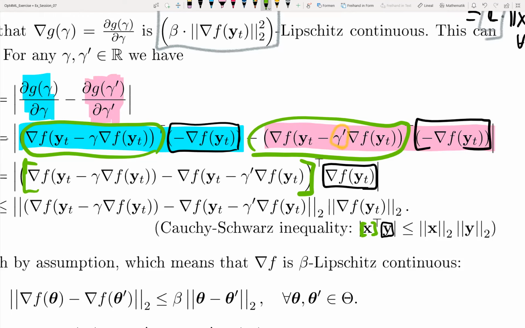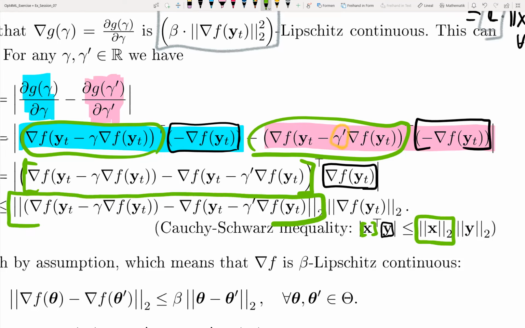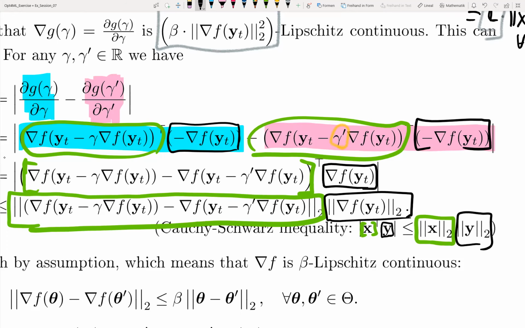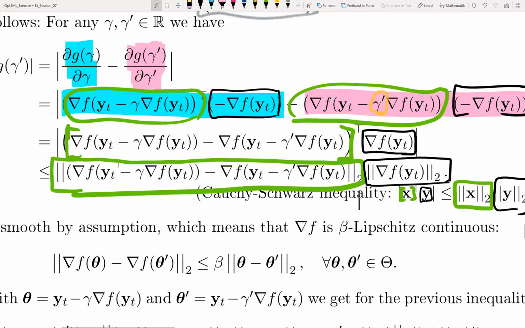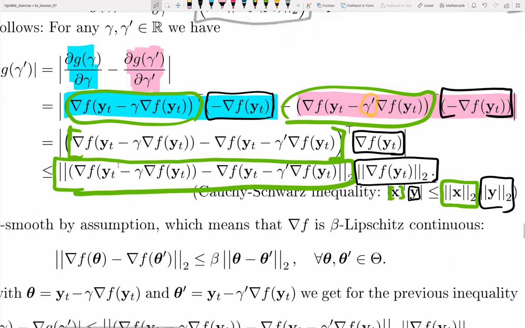So you get this one here, and we get the Euclidean norm of the y here. Okay. And now, how can we continue from there?